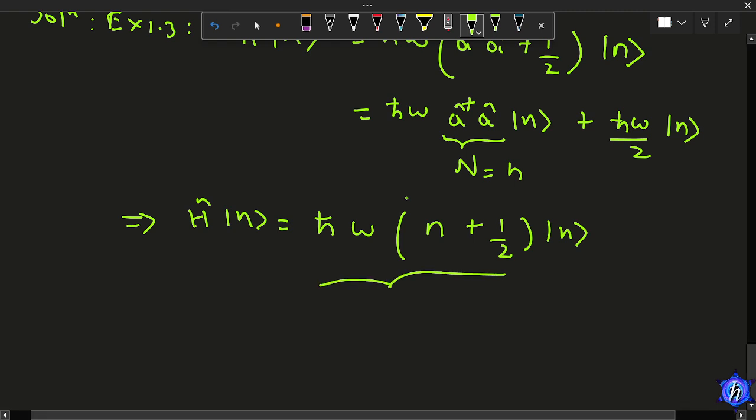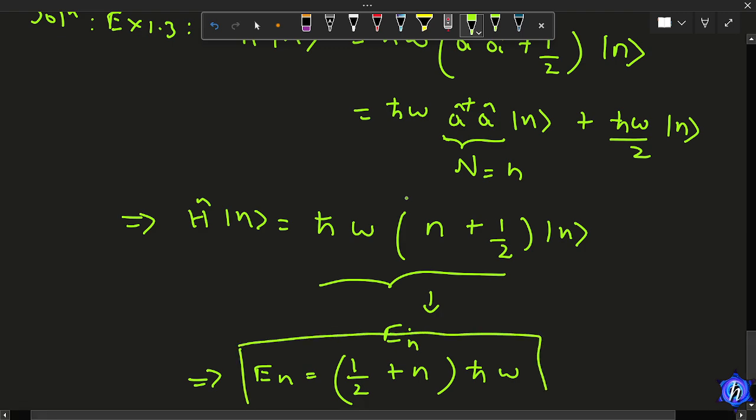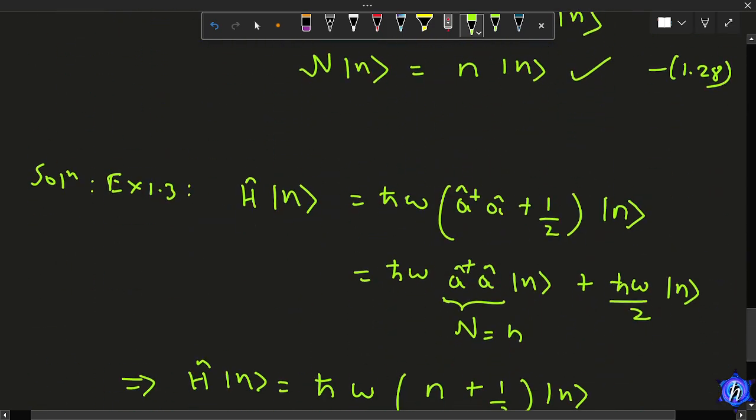This is the eigenvalue. This is E n. We just saw E n to be equal to n plus half times h cross omega. As I said, this is very simple.